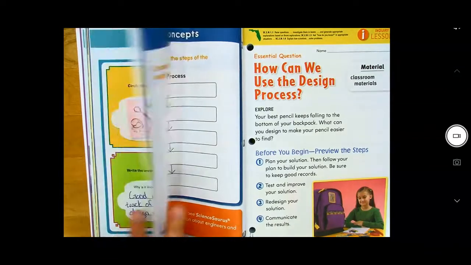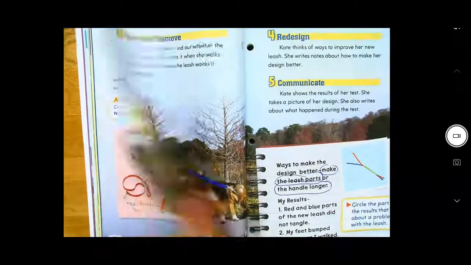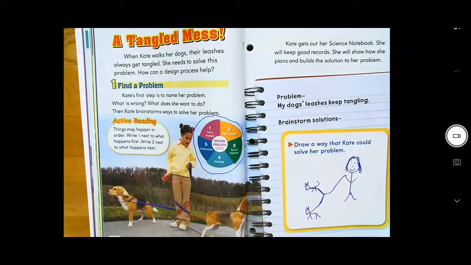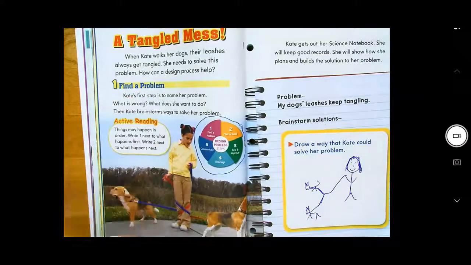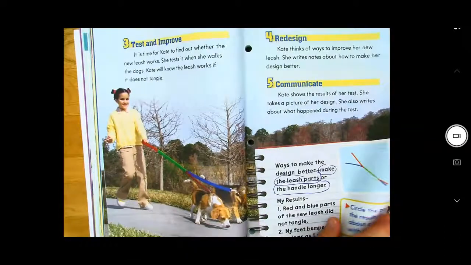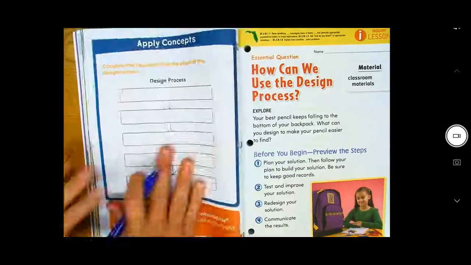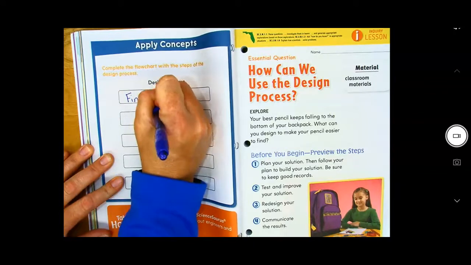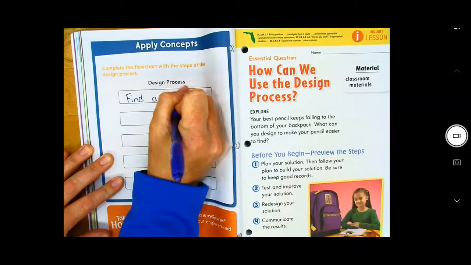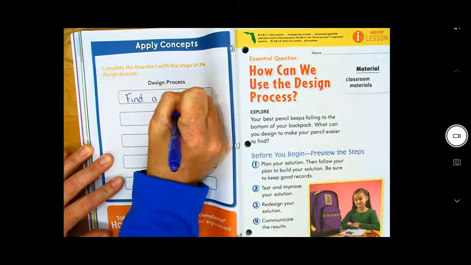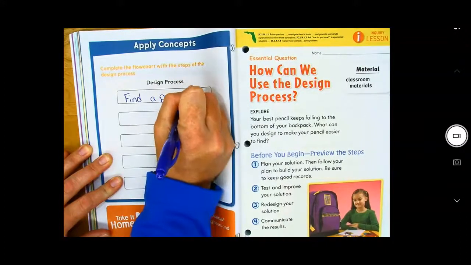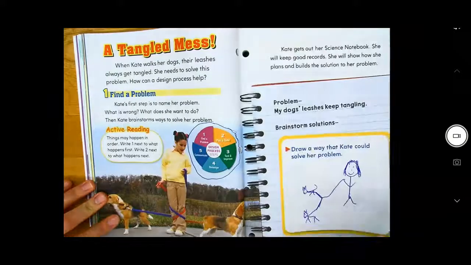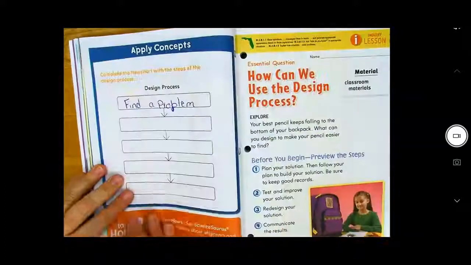Well, we circled something back here that has the design process steps, or you could also go to each number. 1, find a problem. Number 2, plan and build.